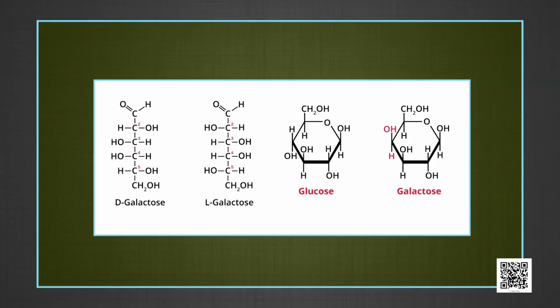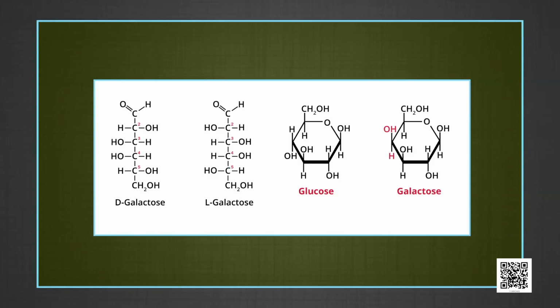As you can see in this diagram, I am showing you the structure of glucose and galactose. At the 4th carbon, the OH group in glucose is below the ring in the ring form, but in chain form it is on the right hand side.